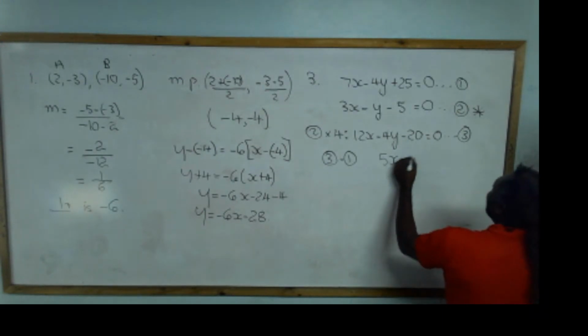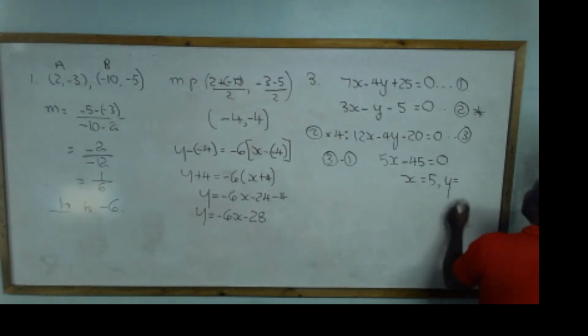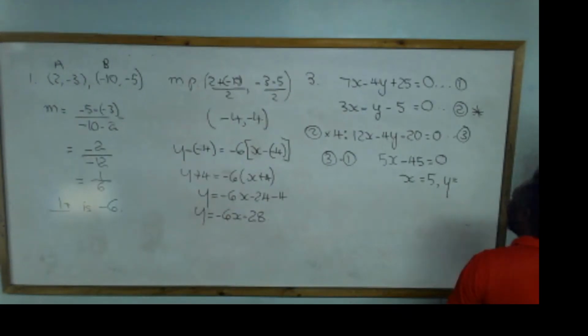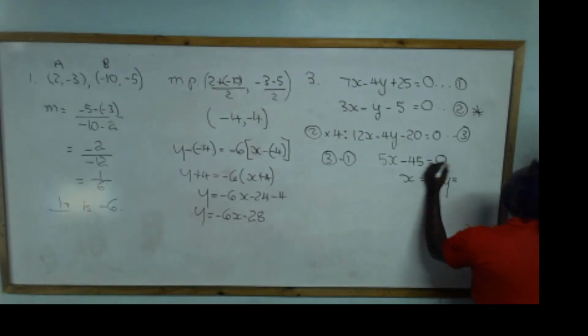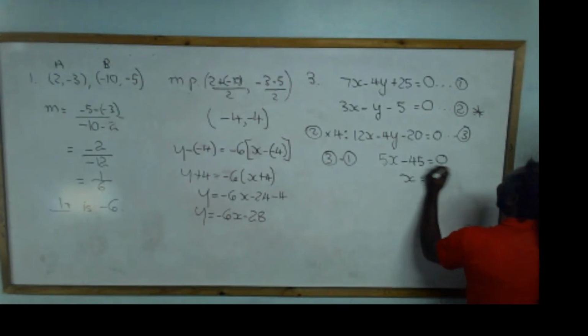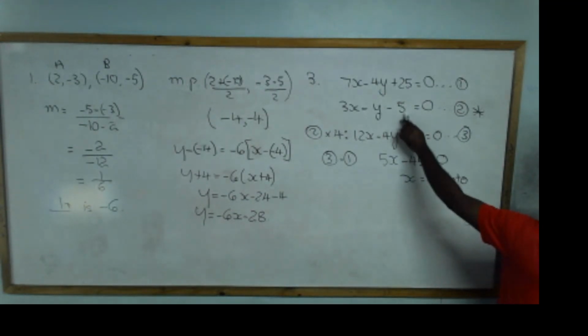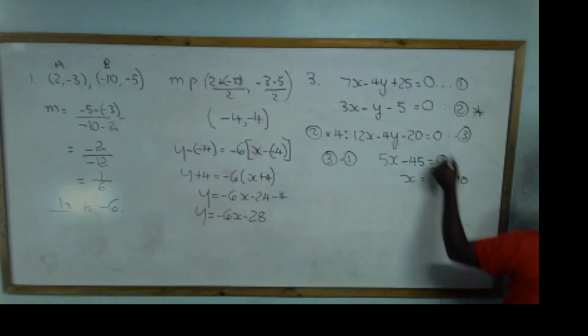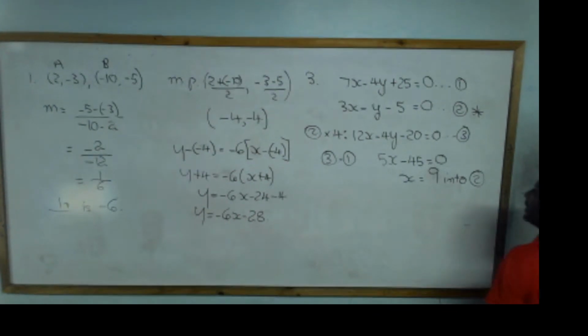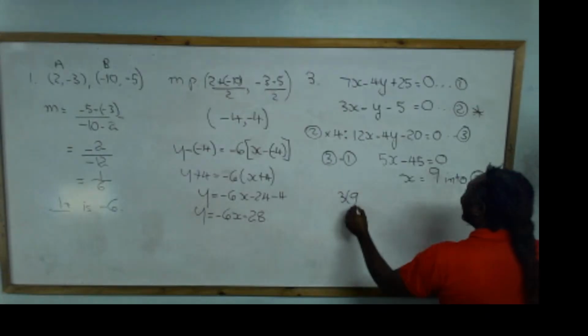And it's going to be minus 45 is equal to 0, so x is equal to 9. Into which equation am I going to put that? Into equation 2. What do we get? 27. 3 times 9, you get there?